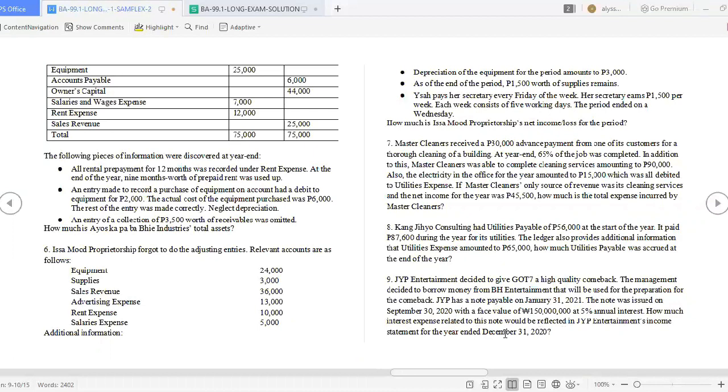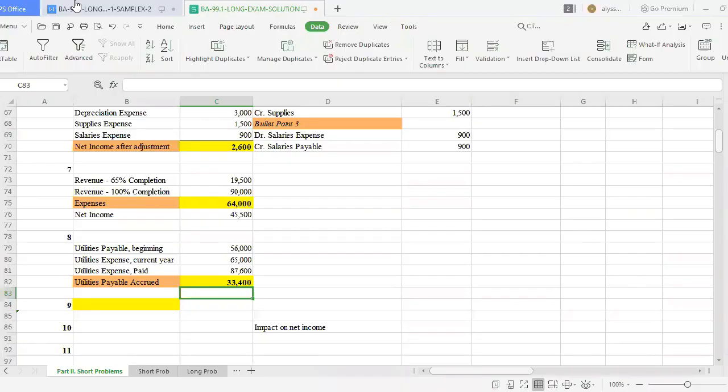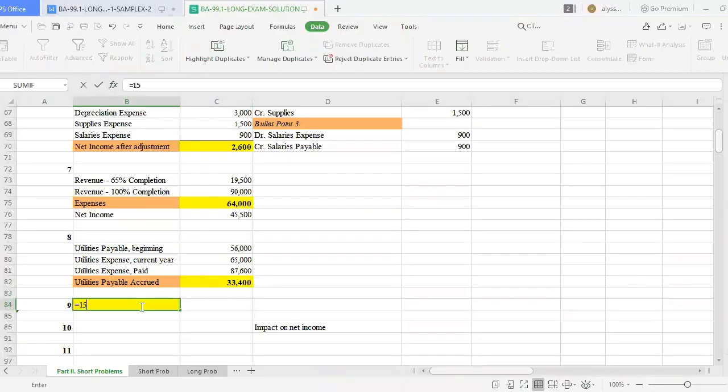So October, November, December, that's for 3 months. So 150 million won times 5% times 3 months. 3 out of 12. So the correct answer is 1,875,000 Korean won. It's interest expense.